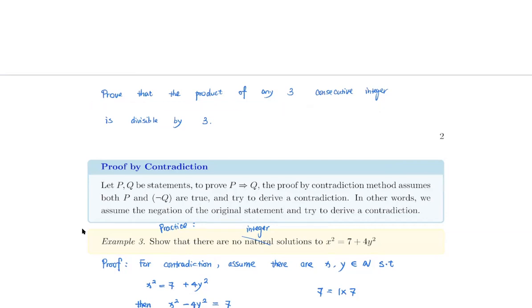And you're saying that you have x plus 1, x plus 2. You want to show one of them will be divisible by 3, right? Yes, you can do that. That's correct. This is a valid proof? Well, you didn't prove anything. You just say you want to show that, but you didn't prove anything. If you proved that one of them will be divisible by 3, then it's a valid proof. But now you didn't prove anything.